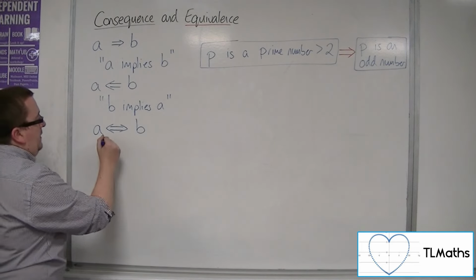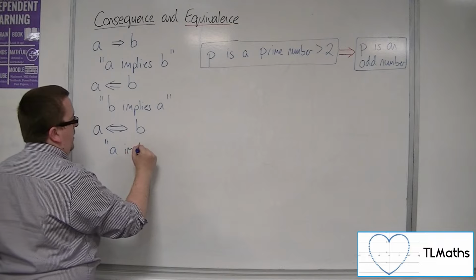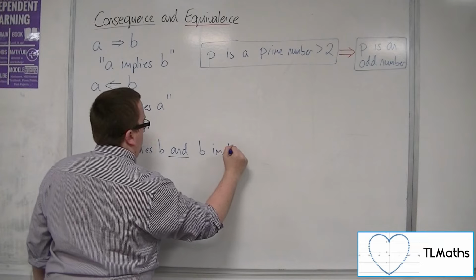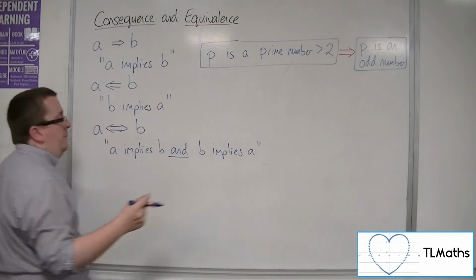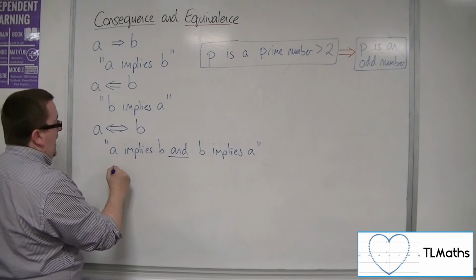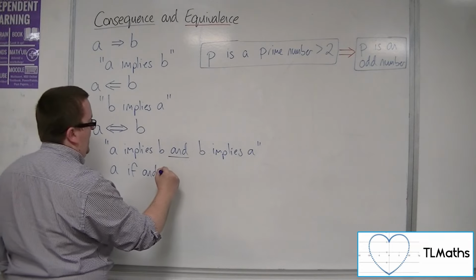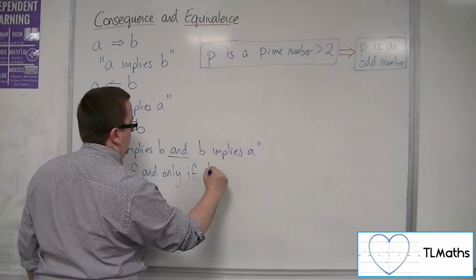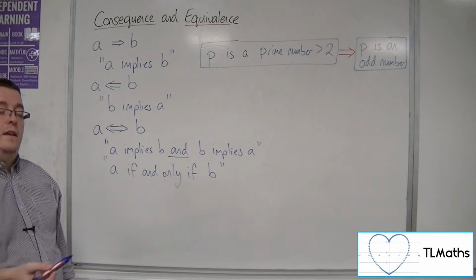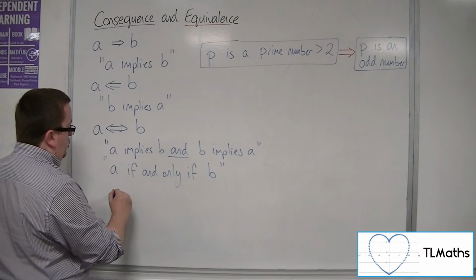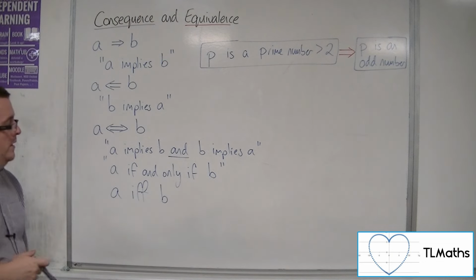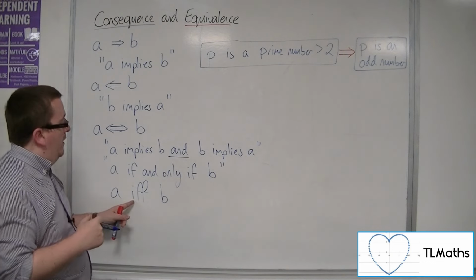Okay, this means that A implies B and B implies A. Sometimes we write it as and we say A if and only if B. Okay, and as such, some mathematicians use the notation A if and only if B. Okay, so an I and two F's.